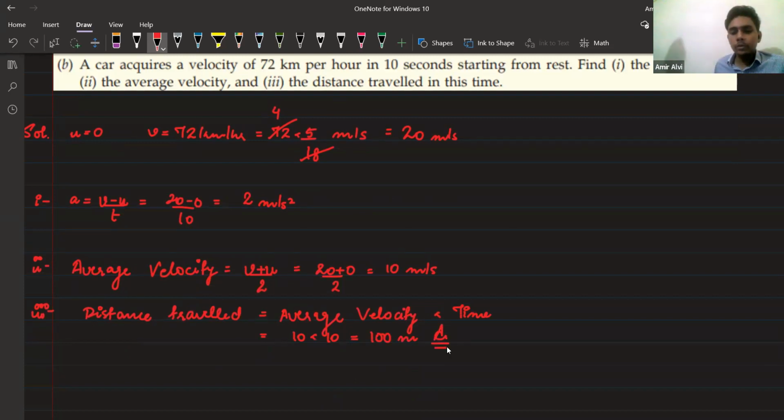Is this clear to all of you? 100 meter is the value of the distance traveled in 10 seconds. Please let me know, everyone, is this clear or not? Sir, it's clear. Okay, sure, no one has doubt. Sarah Baig, Ayan, and Farhan.